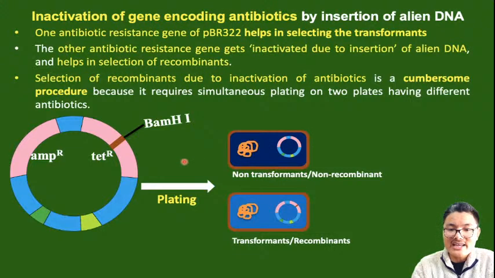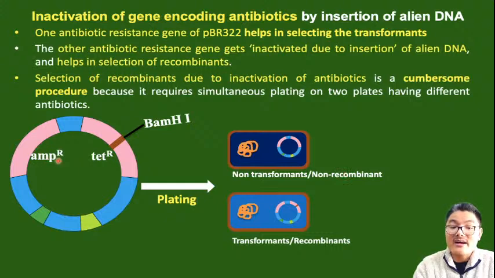So what we have understood in gist from this slide is that we have the ampicillin resistance gene and the tetracycline resistance gene, which help us in selecting transformants from non-transformants, or recombinants from non-recombinants, as selectable markers.